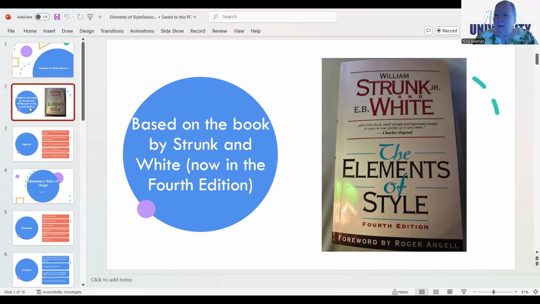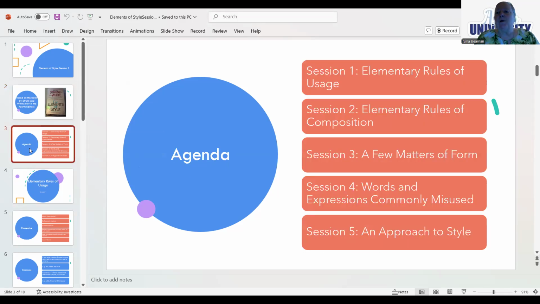But what I decided was I could take this little book, which is a really, really good condensed version of what you need to know to have good English, and I could offer it to you all in small chunks. There are 5 chapters, there are 5 in the series, and we're going to talk about Strunk and White's Elements of Style and how it applies to you as an Aspen student.